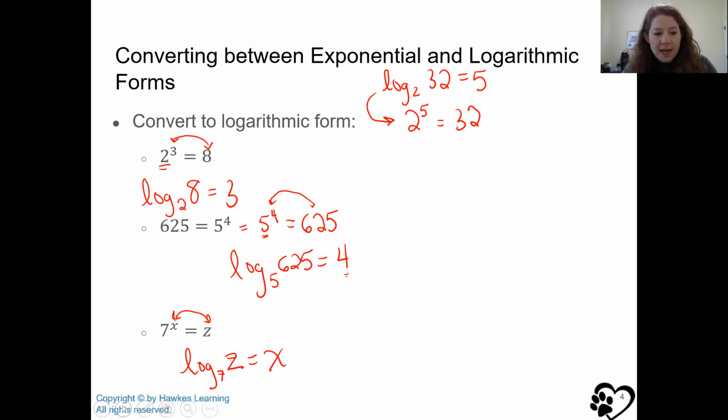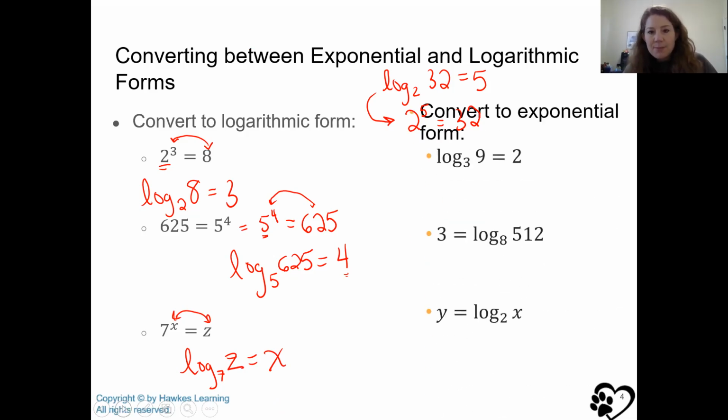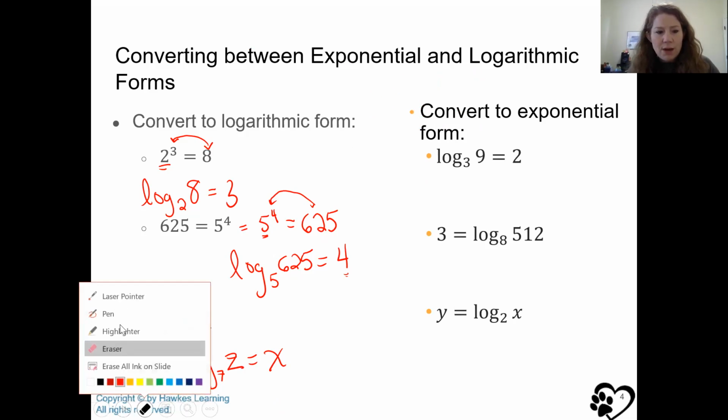All right, let's see what else we have. So now we're going to do the opposite. We're going to convert from logarithmic form to exponential form, but I'm going to have to erase this right here so we can see it all. So how would we write that?